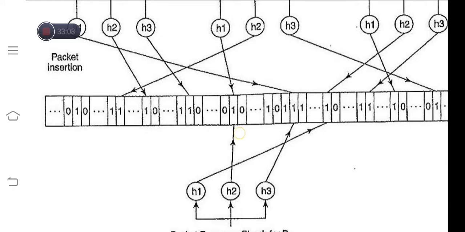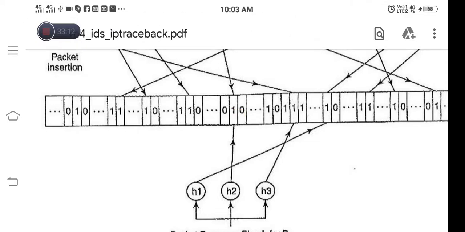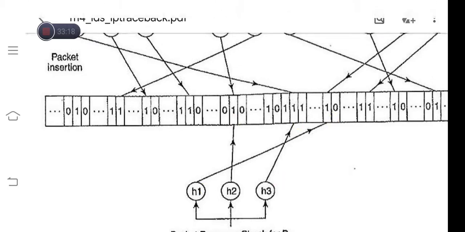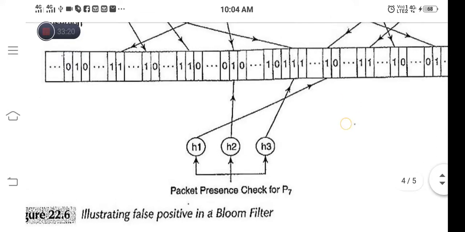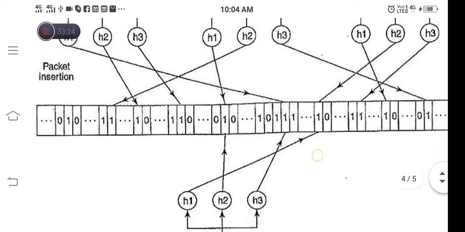At those particular indices, it checks whether the value 1 is present or not. So H1 is giving 1, H2 is giving 1, H3 is also giving 1.